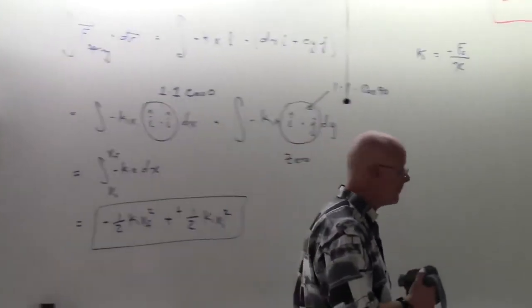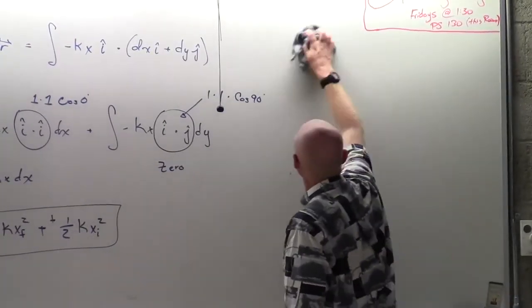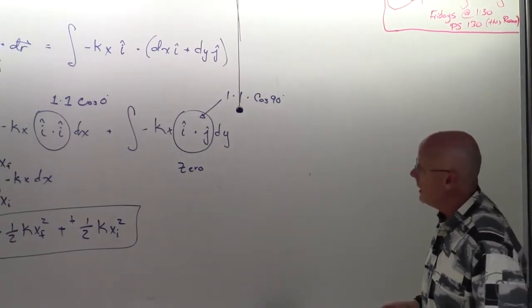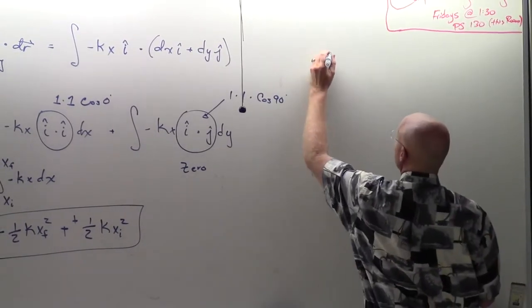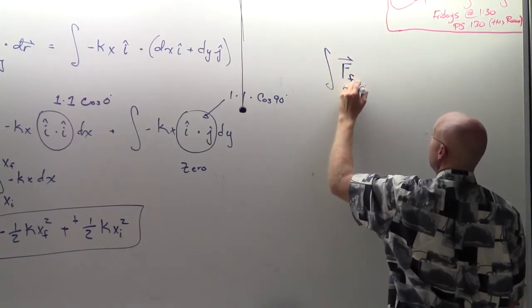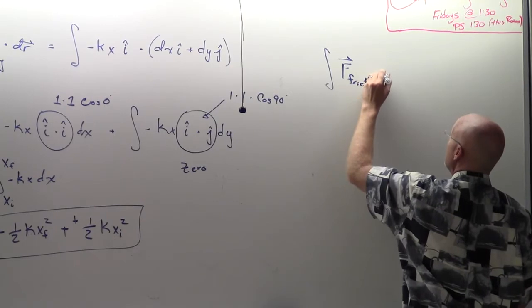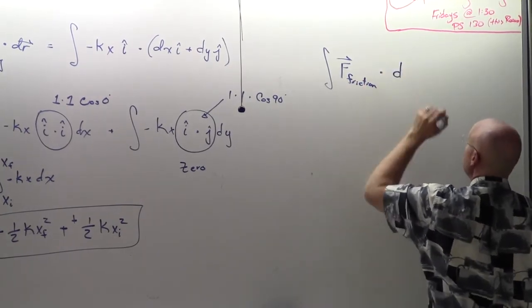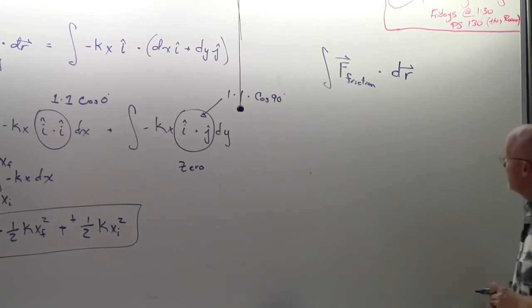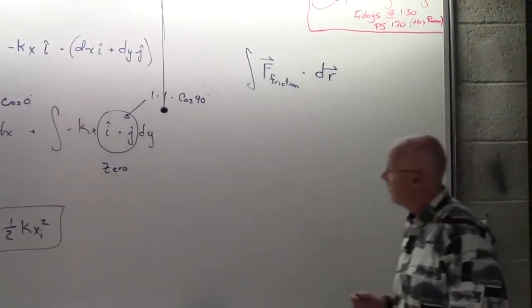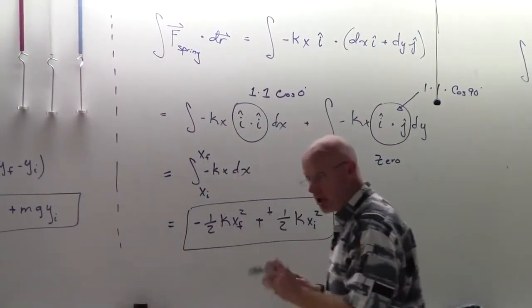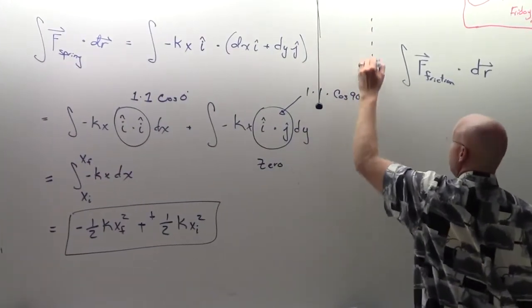And maybe I'll try to squeeze some in over here so we can have everything on the board at one time. But that one is the force of friction. So this would be the integral of F of friction dot dr. And earlier I said maybe I should put a dotted line, that let's only deal with solid to solid friction here to begin with.